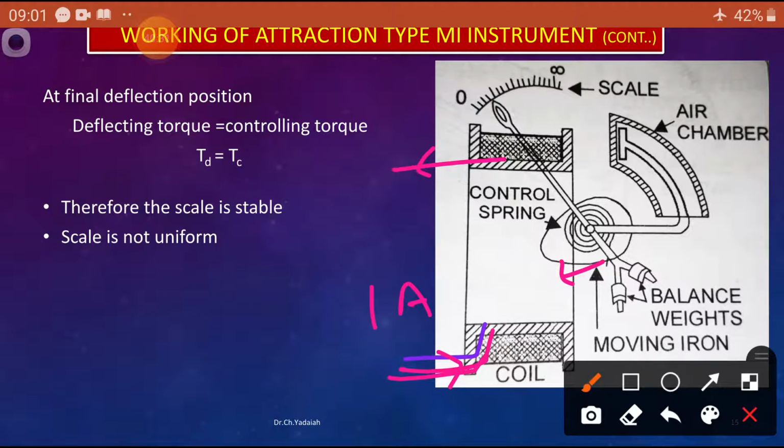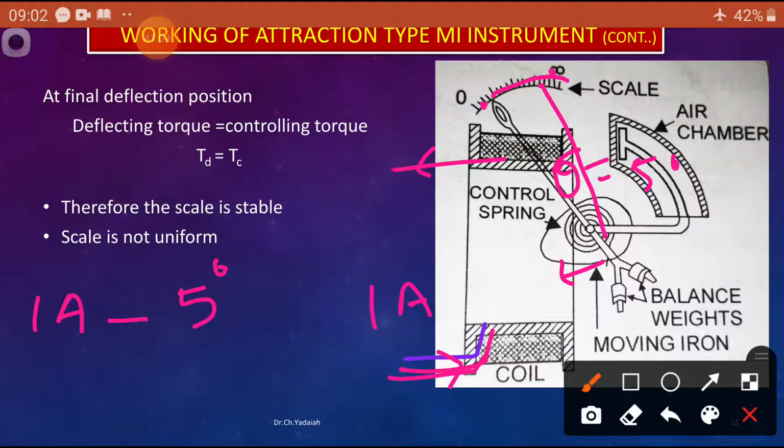Then it moves from 0 to some angle theta. The theta may be, for example, 5 degrees. That means initially I applied 1 ampere of current, there is a deflection of the pointer. It moves on a calibrated scale. If I measure the angle from 0 to this position, let us assume it is 5 degrees deflection.